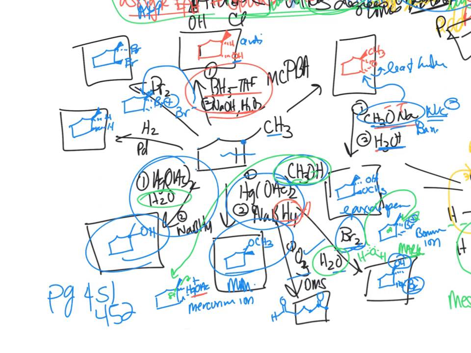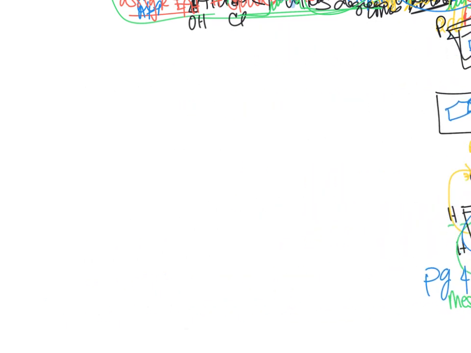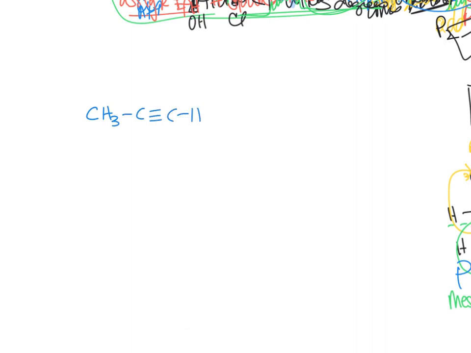And then the last thing we're going to look at is the electrophilic additions for alkynes. All right, so let's look at reactions with the terminal alkyne. So we've done acid-base chemistry, so you should know that that's your base and this is your acid.